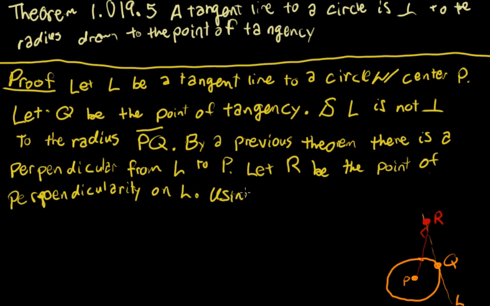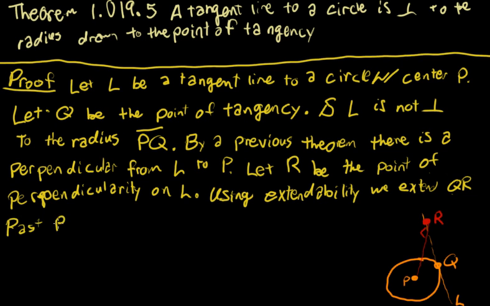Then we can say that using extendability, we extend, let's see, we'll extend QR past R to a point S such that, let's see, well, we want these two to be equal lengths, so we'll say RQ is equal to RS.